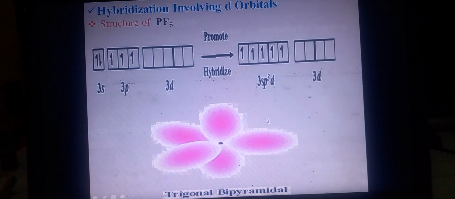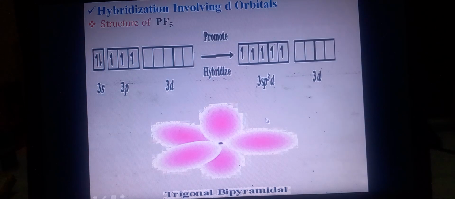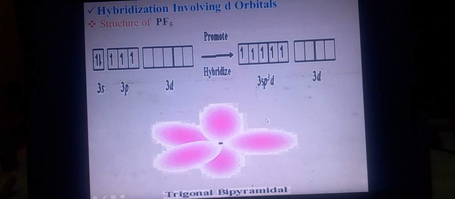Then we look at hybridization involving the d orbitals. So that means phosphorus pentafluoride. Phosphorus is supposed to form a total of 5 bonds. Phosphorus has 5 valence electrons.